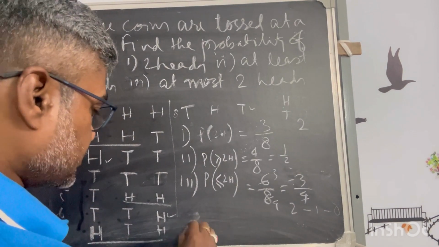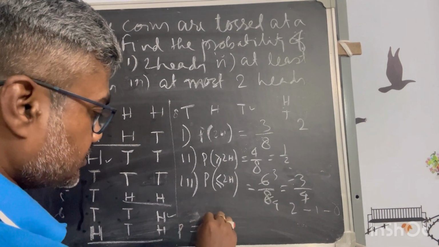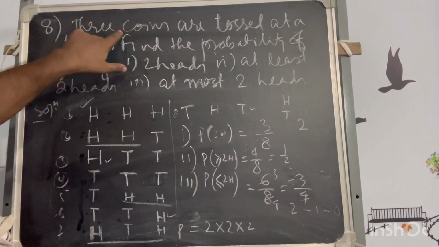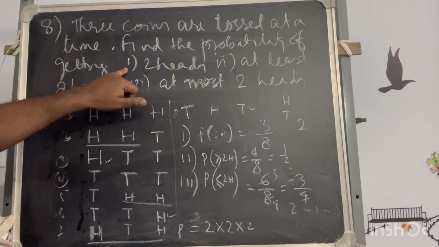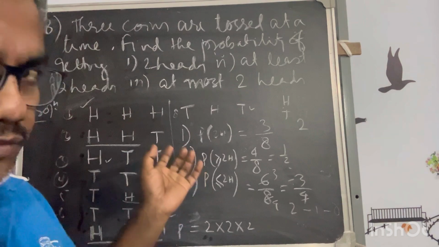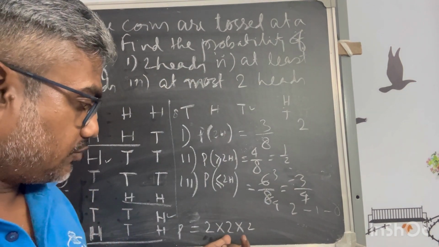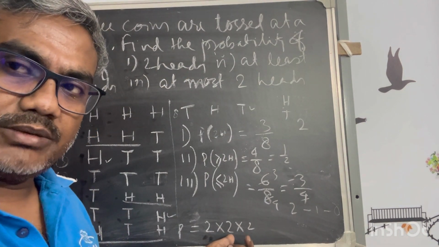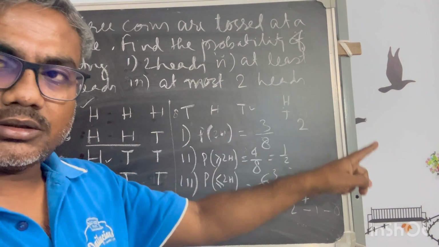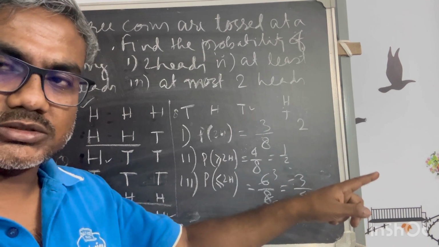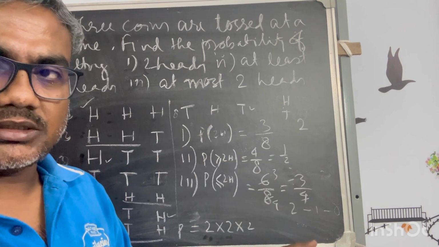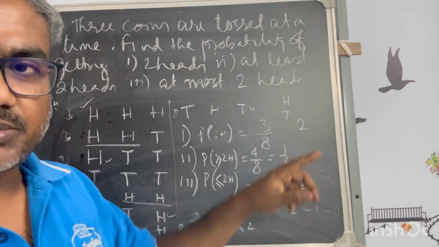So the possible outcomes are 2 into 2 into 2, because one single event gives 2 possible outcomes. If a similar event is done, it will be multiplied, because you are doing one coin tossing and then the second coin tossing. Initially I said when or is coming, you have to add the result. When and is coming, you have to multiply the result.